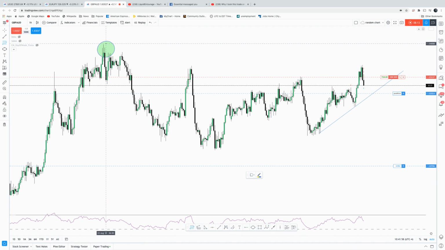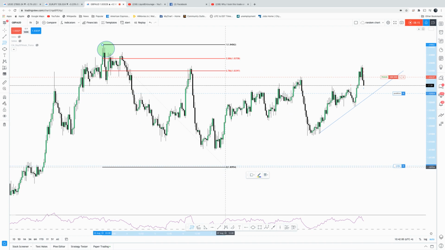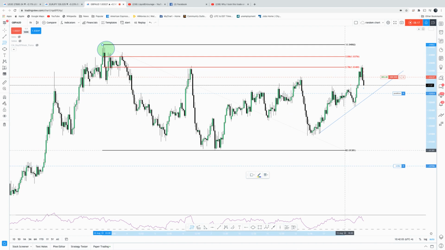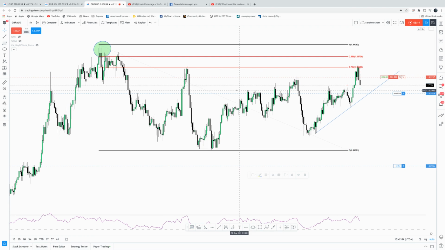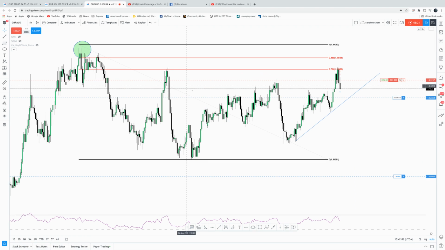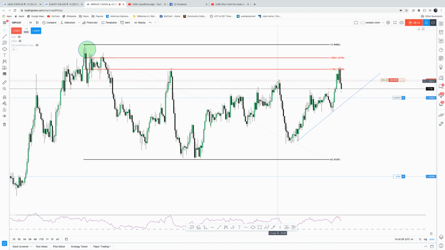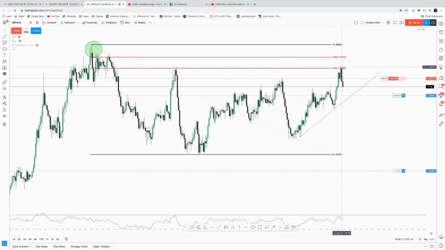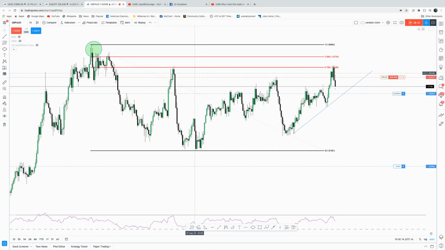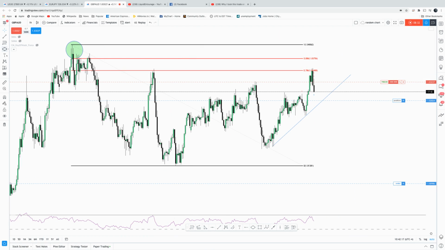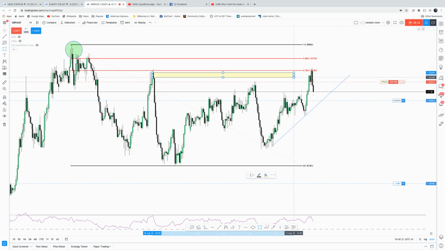And so again, the best way I do is just take from the highest point to the lowest point, because we see we didn't get a nice drop, but we still are creating lower highs. And even though this is a higher high, it has not broken this previous lower high, and that's why I had my zone drawn right here.